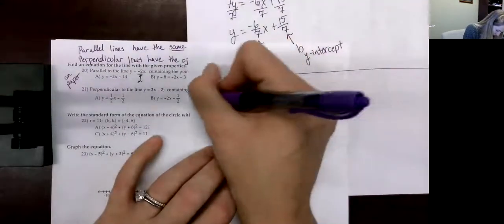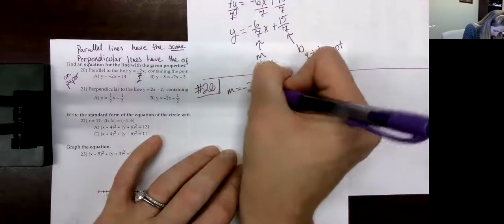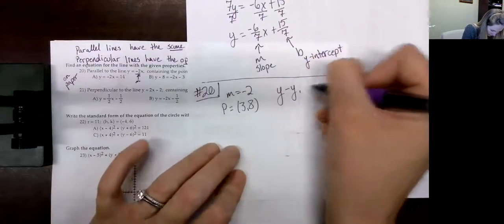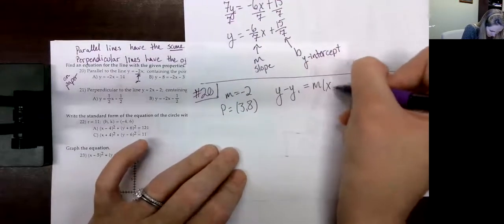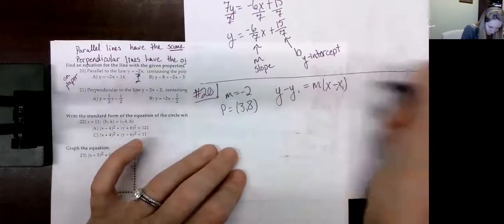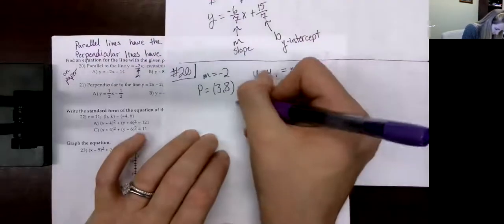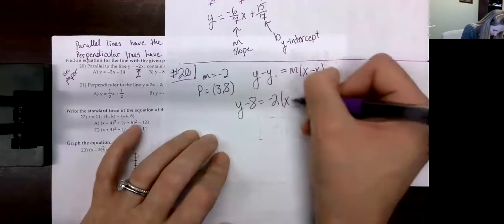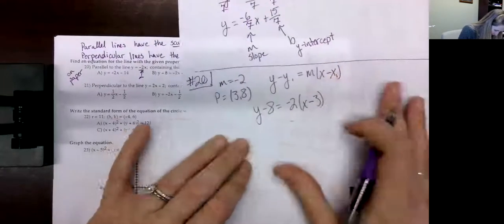So we're going to have our slope is negative 2 and our point is 3, 8, and we're going to plug it into point slope form. So we're going to have y subtract 8 equals negative 2 times x subtract 3.